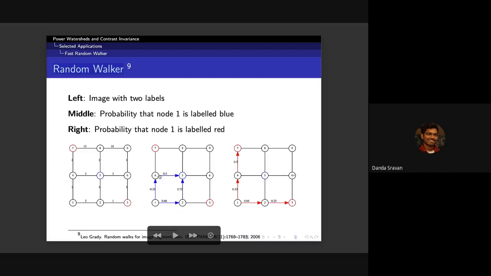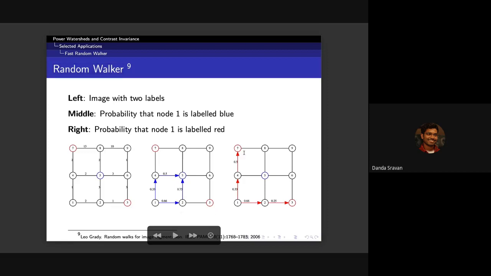Then, in order to obtain the probability that this particular pixel will be labeled blue, I send random walks from this pixel to all the seeds that are blue labeled. Here there is only one blue label, which means I take all the possible paths to go here, and then I add up all these probabilities. So this in theory would be the random walk probability.